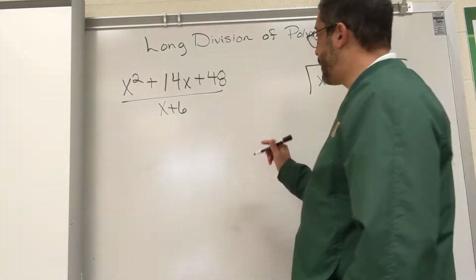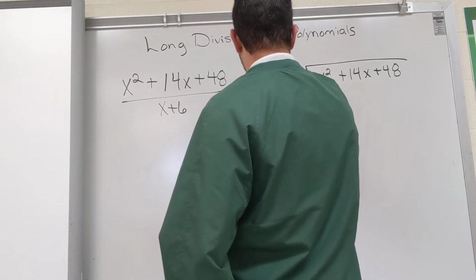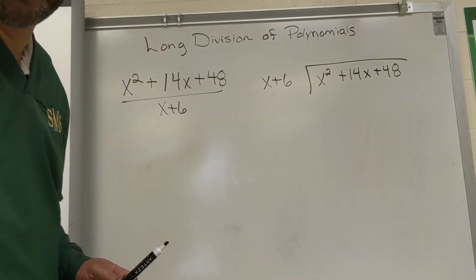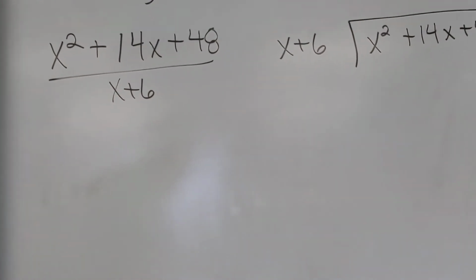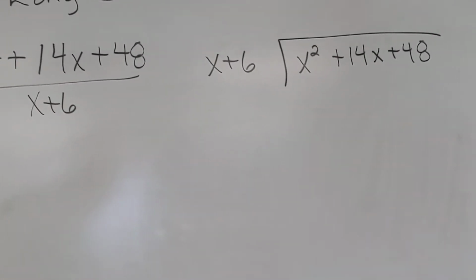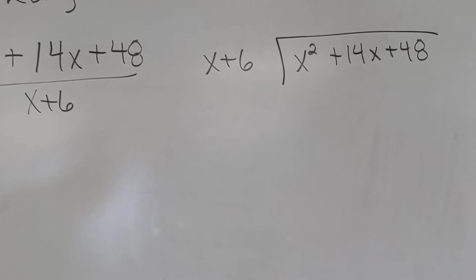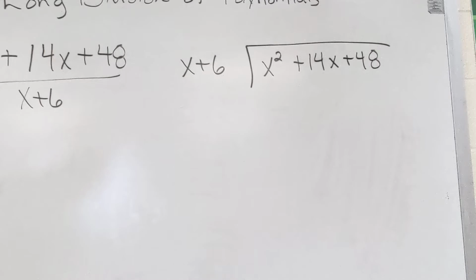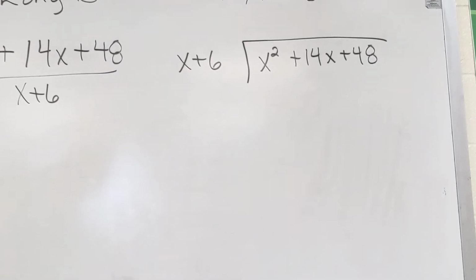And then out here, I'm going to put my x plus 6. All right? And so what I'm going to do is take a brief moment here. I'm going to zoom in a little bit over to that side of the board and reposition my camera just a little so we can have a better focus strictly on that.